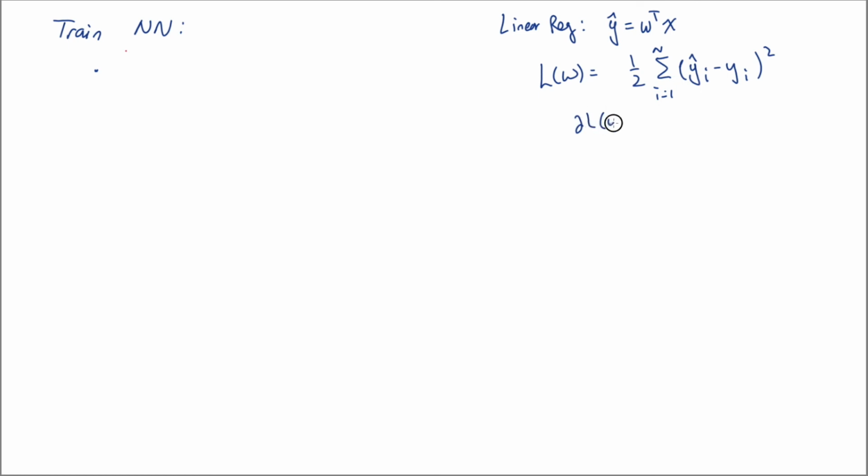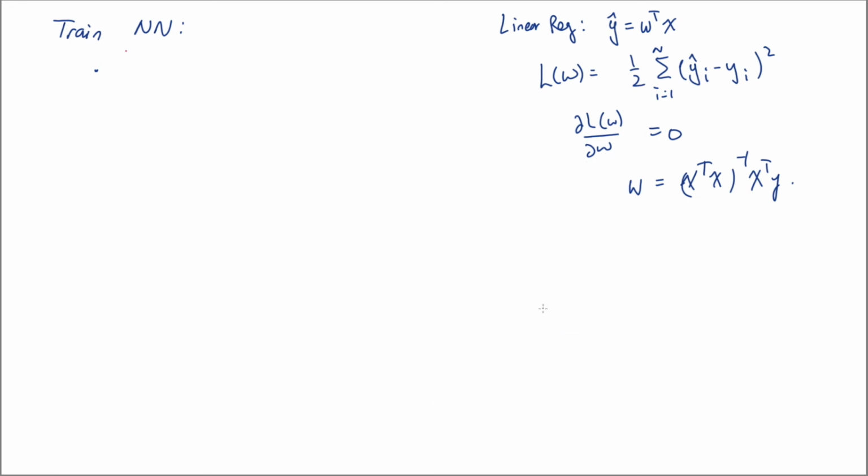We took derivatives, and we set them equal to 0, and we solved, and we got the solution w equals x transpose x inverse x transpose y. That is not going to happen for neural networks. Neural networks are far too difficult.